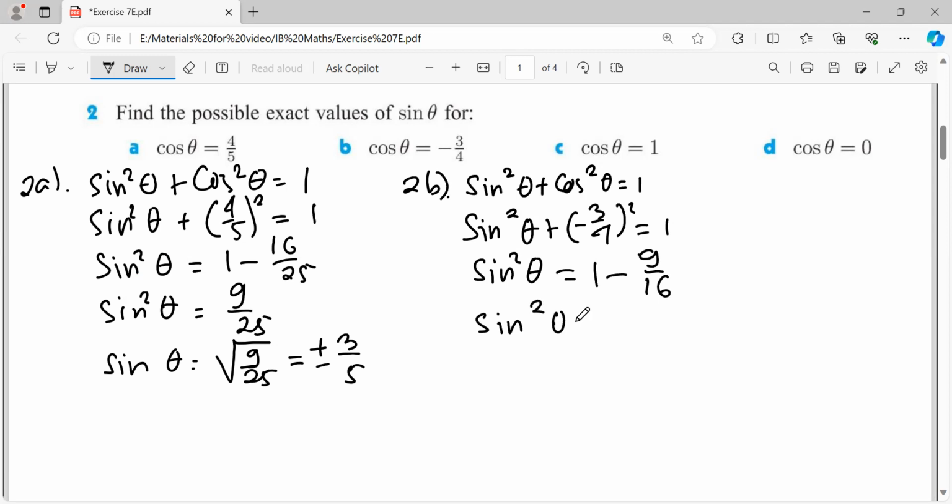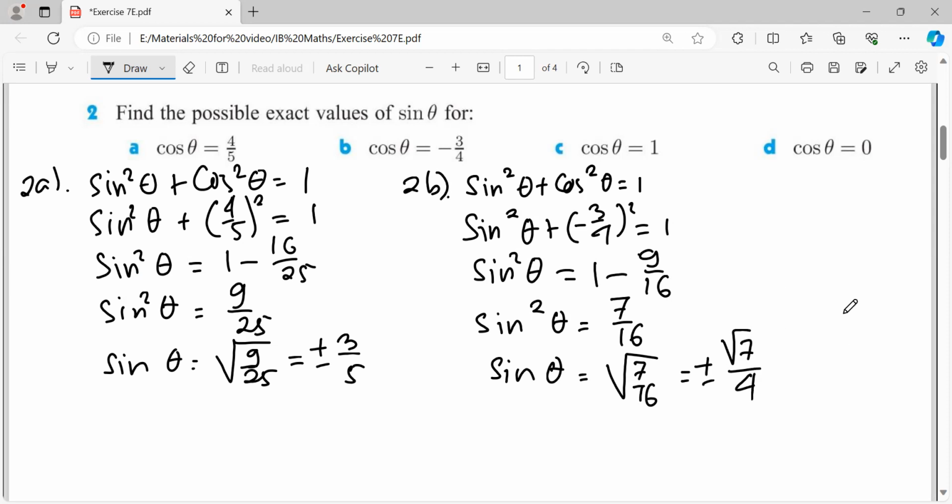Sine squared theta equals 16 minus 9 equals 7, so 7 over 16. So sine theta equals square root 7 over 16, or plus minus square root 7 over 4, because square root 16 equals 4.